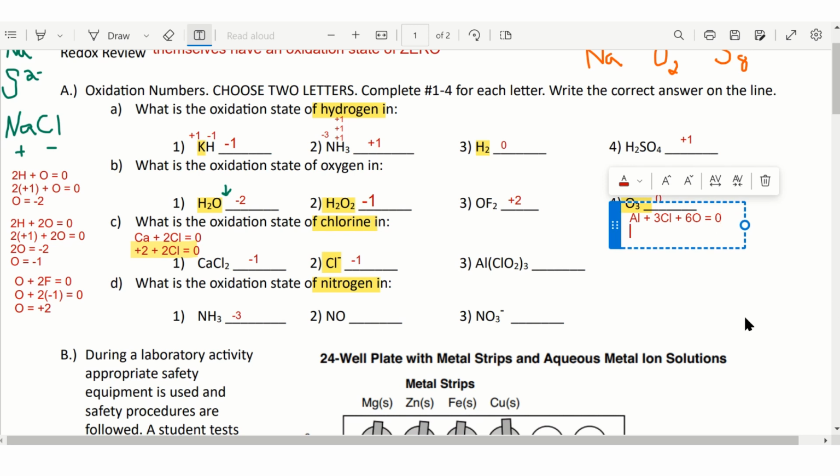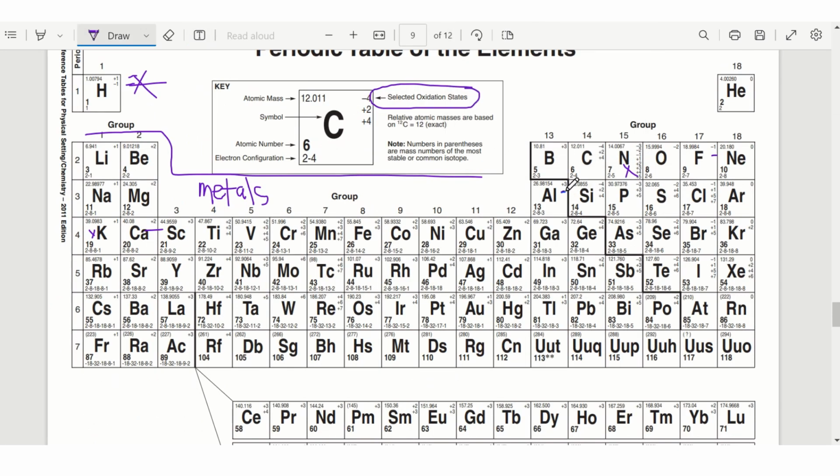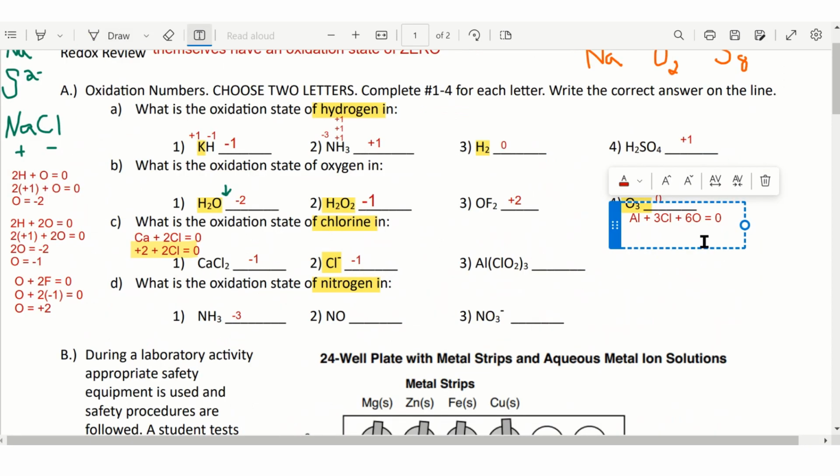I'm solving for chlorine, so I have to use aluminum and oxygen. So aluminum, positive 3, oxygen, minus 2. So let's plug those in. So positive 3 plus 3 chlorine plus 6 times negative 2 equals 0. All right, so that's just 3 plus 3Cl plus negative 12 equals 0.